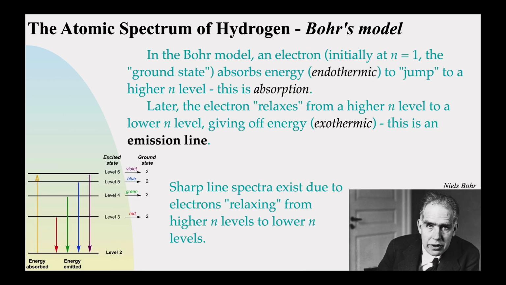So in the Bohr model, you've got all these energy levels. Here in the lower left side, this is N equals 2, 3, 4, 5, 6, et cetera. Electrons usually start at a lower energy level. So for the yellow line on the far left, the electron is starting at N equals 2 and jumping up to the highest level, which is N equals 6.